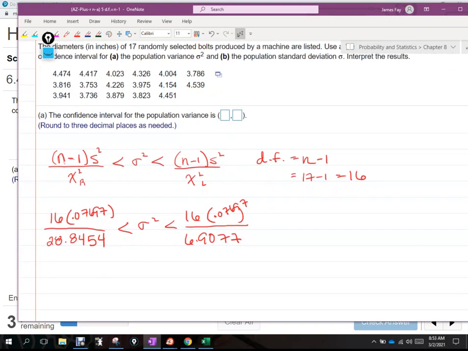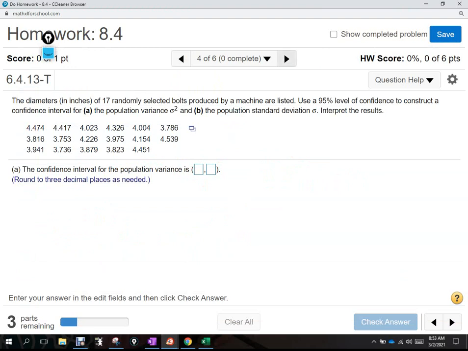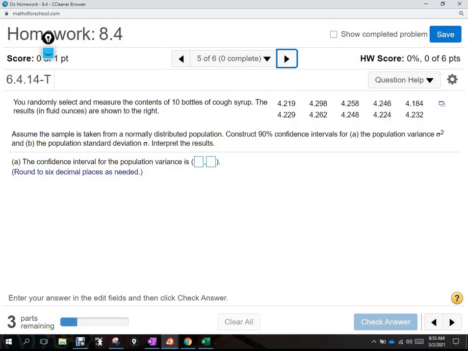Does that help with that question? Okay. The other ones are pretty much the same, aren't they? So this is a 90% confidence interval. Usually when we do a confidence interval, we did it for p hat, we did it for the mean, all that kind of stuff, and we needed the confidence level to tell us what our z-score was, right?